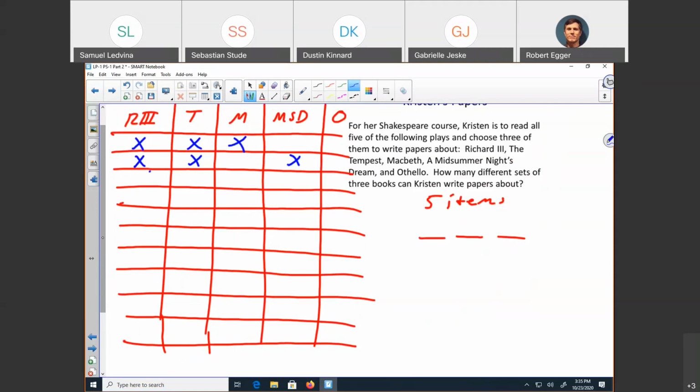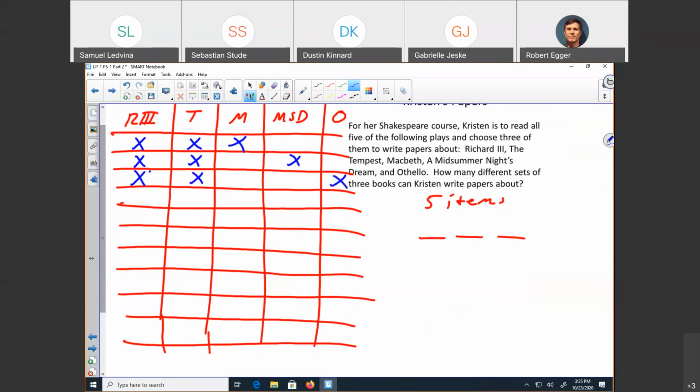I still have room to the left, so keep Richard III frozen, the Tempest frozen, and Othello. So if I choose 2 books, Richard III and Tempest, then I have three other options: Macbeth, Midsummer Night's Dream, or Othello.